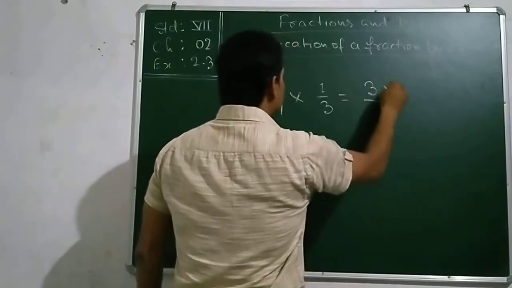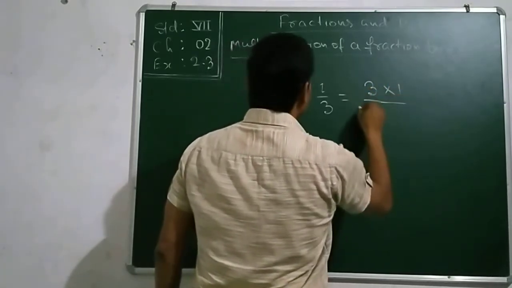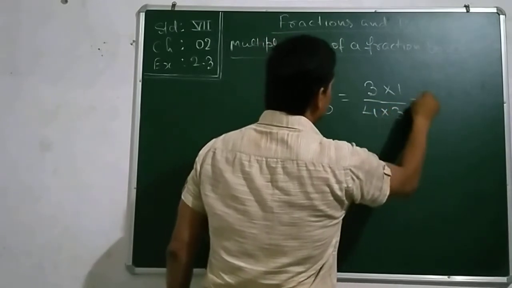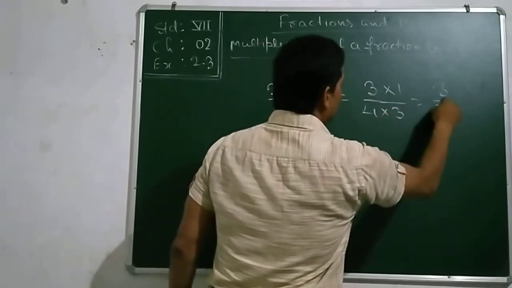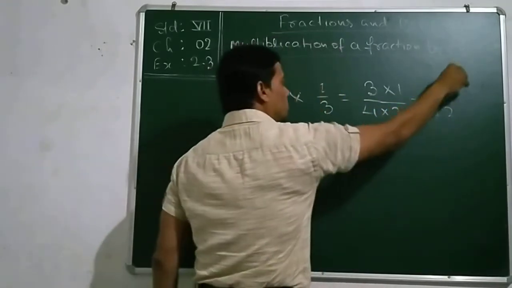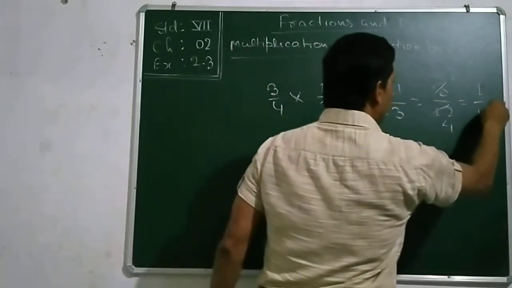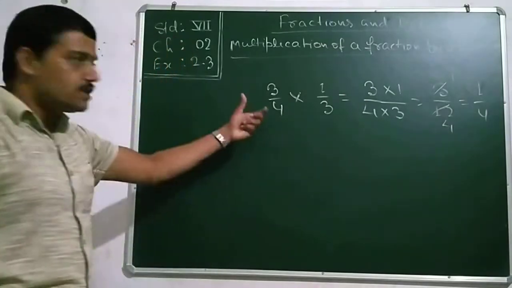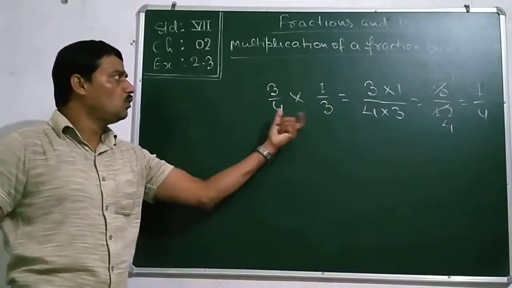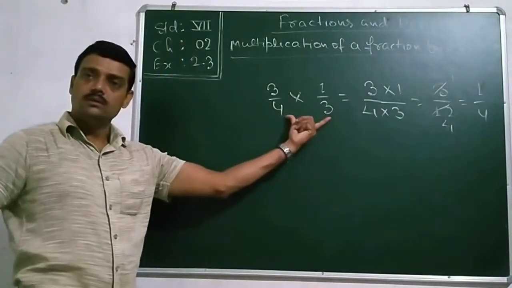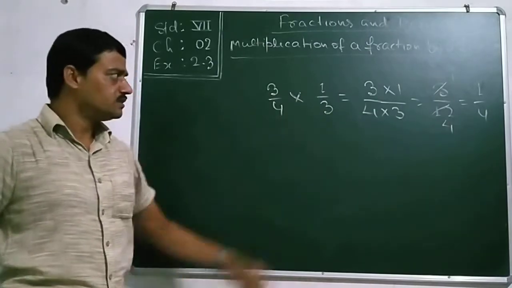The result will be 3 into 1 by 4 into 3, that is 3 by 12. After reducing it to the lowest terms, you will get 1 by 4, as both the fractions are proper fractions.